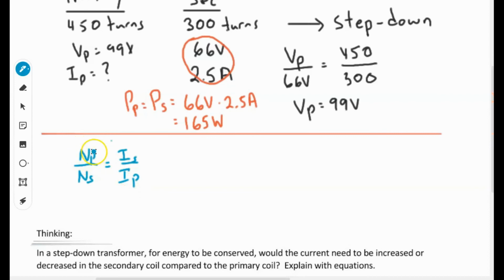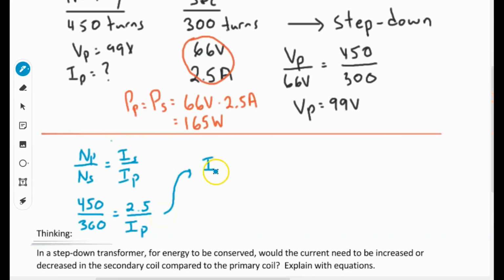So here we have 450 turns divided by 300. The current in the secondary is 2.5 amps divided by the current in the primary. So now we'll just rearrange and solve for that.